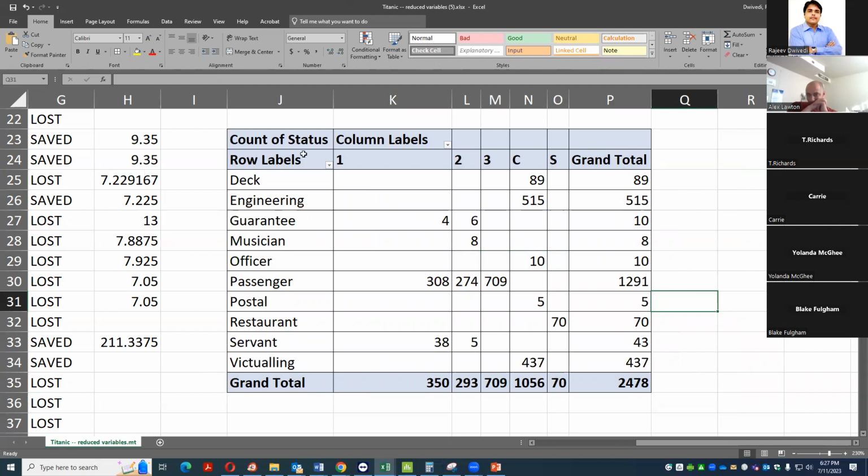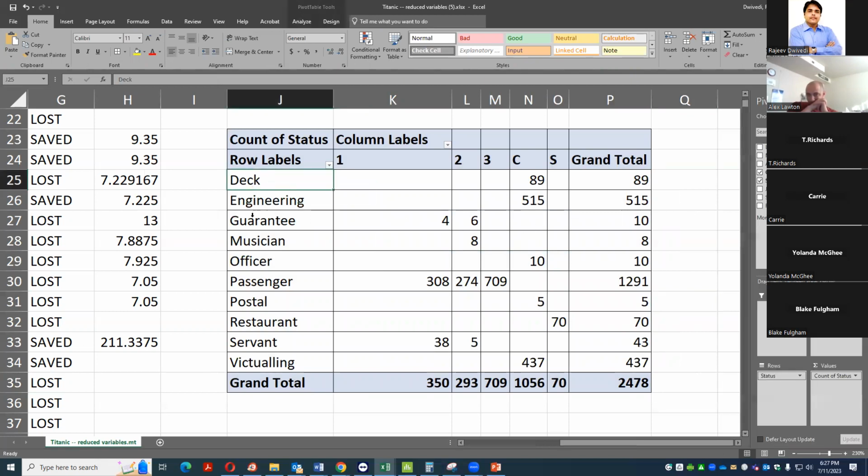So basically, deck, engineers, musician, officer, passenger, I mean, different categories, class, first class, second class, third class, C class, S class. And now you can see how many passengers were there in which category, and you can see who they were, and the total is 2,478.